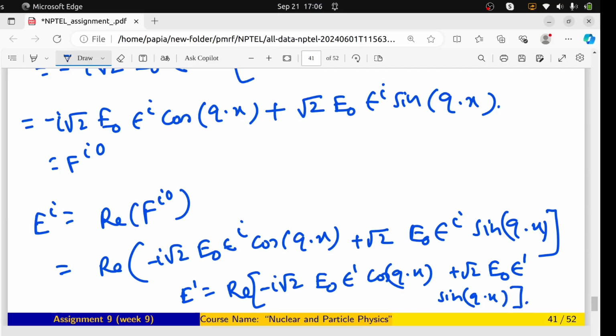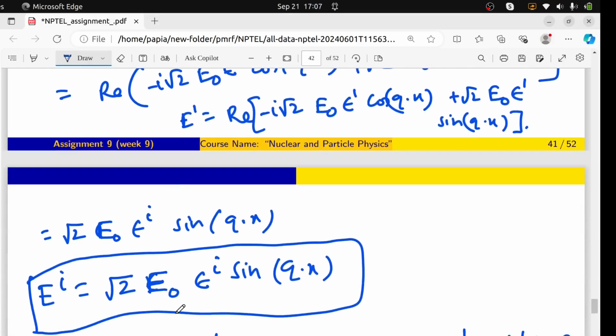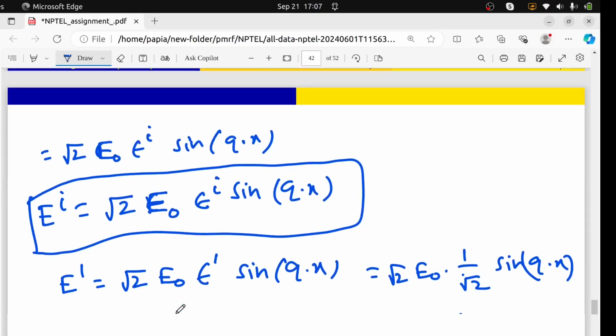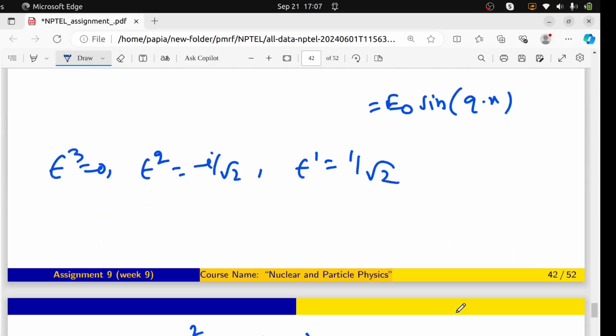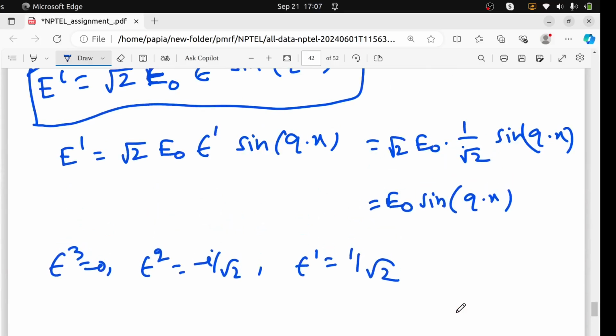Now we can see epsilon 1 is 1 by root 2. So this is real, and this is complex. So the real of this whole function will be simply root 2 E0 1 by root 2 sin qx. So E1 is this one, that is very good. But for E2, this one, right? So now for E2 you can see epsilon 2 is again a minus I.